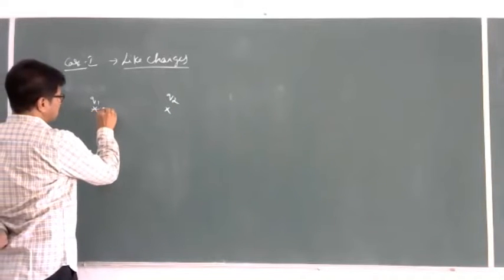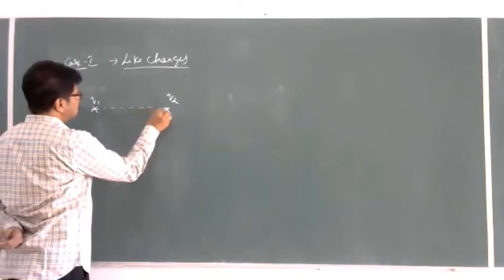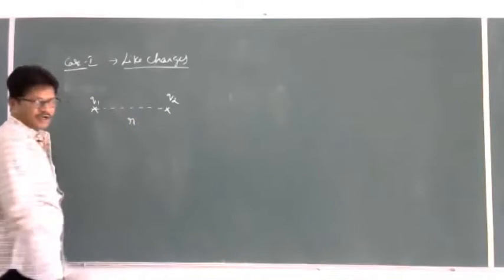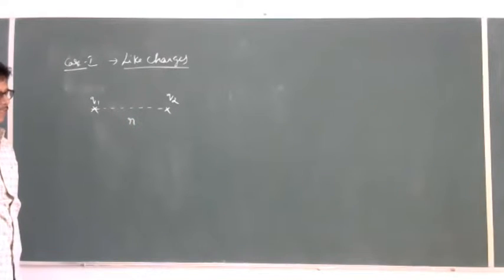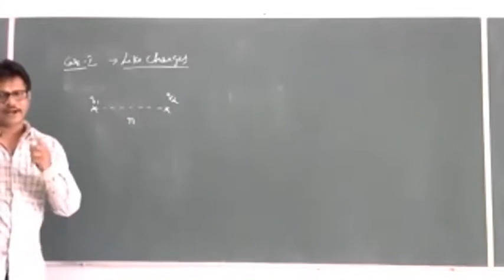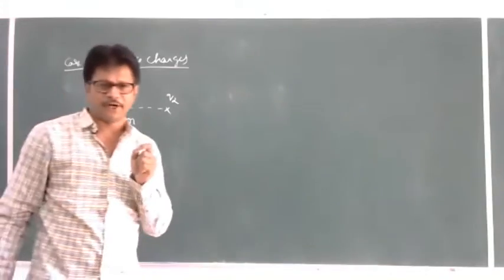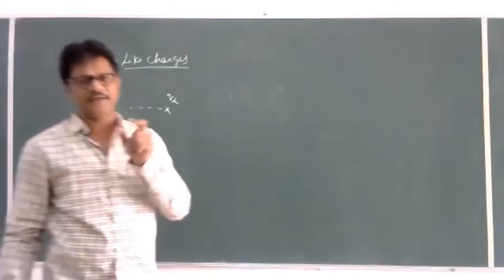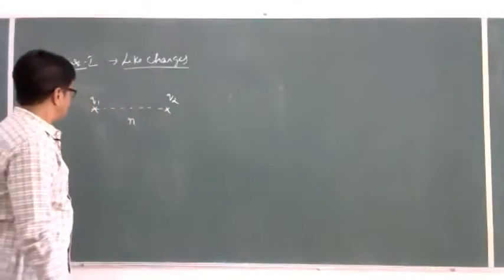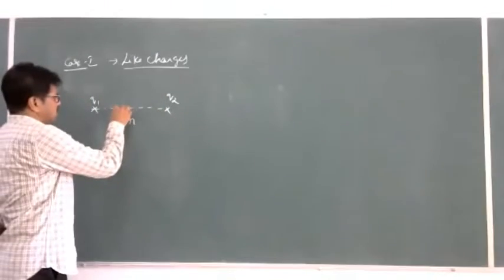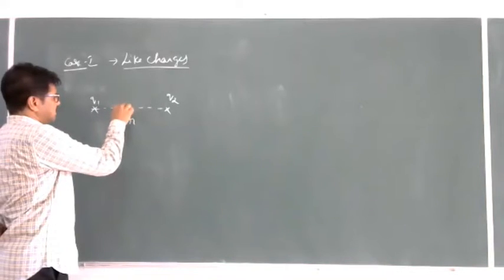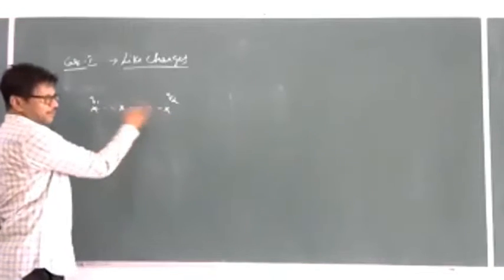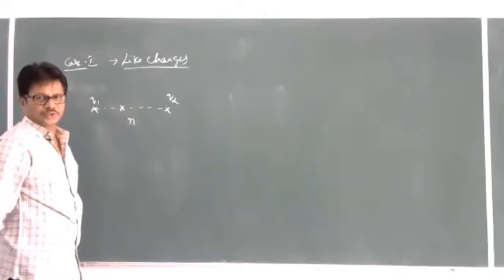These two charges are initially separated by a distance R. Now I would like to find the position of a point where the resultant electric intensity is zero. Here I am considering that the point is in between these two.